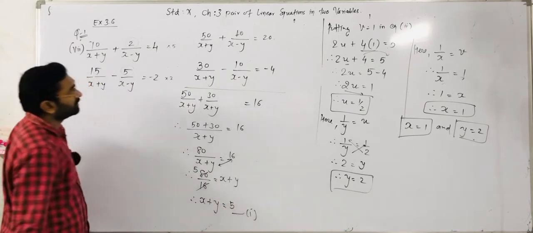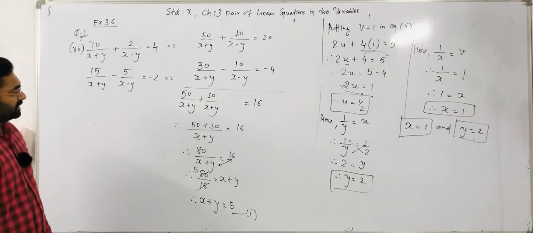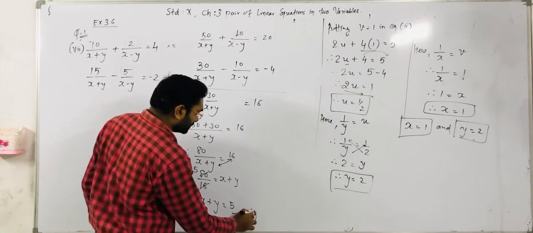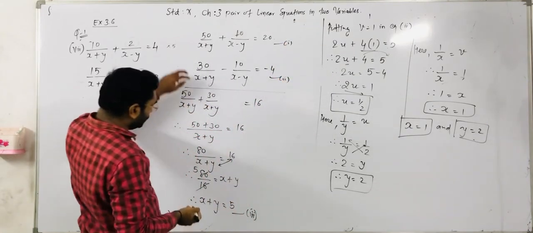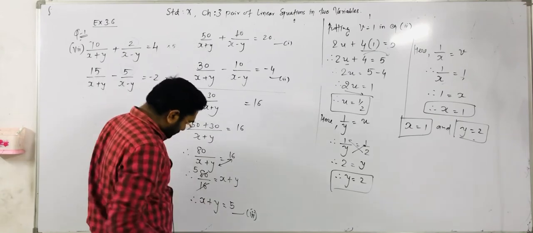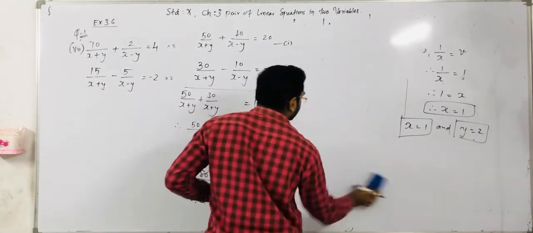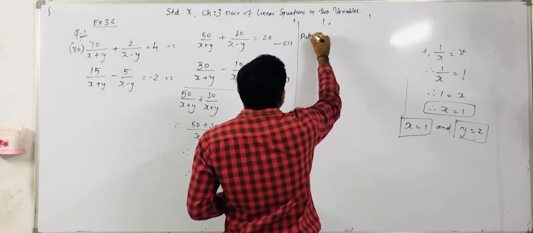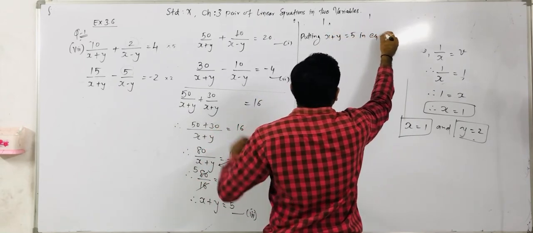This is equation number 3: x plus y is equal to 5. Now putting x plus y equal to 5 in equation number 1.